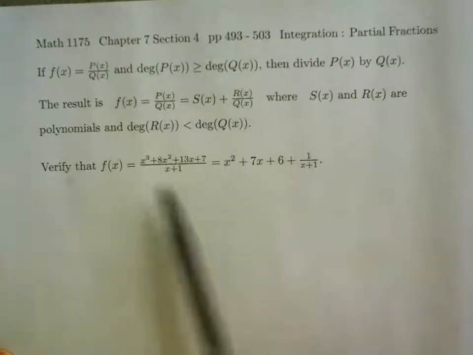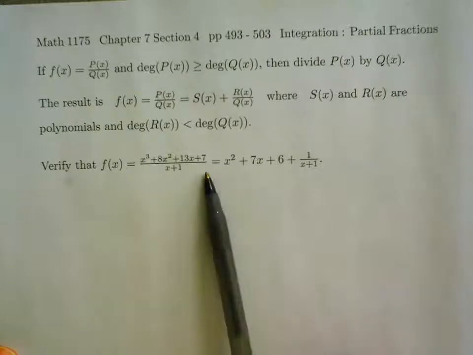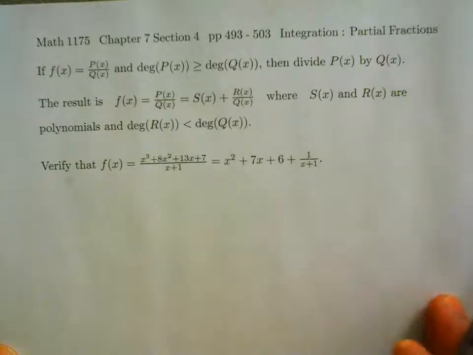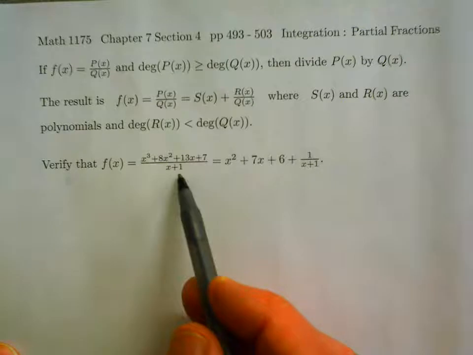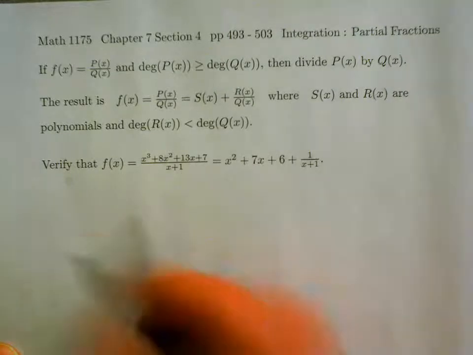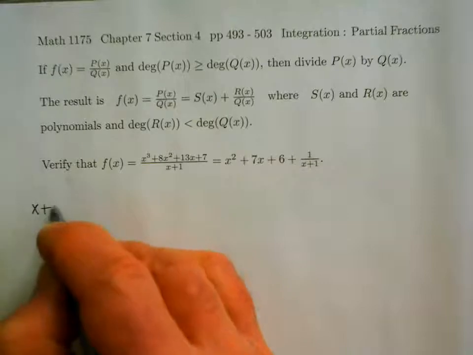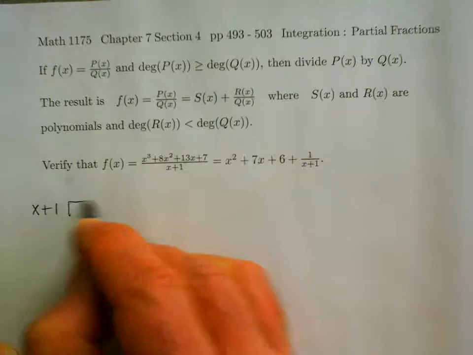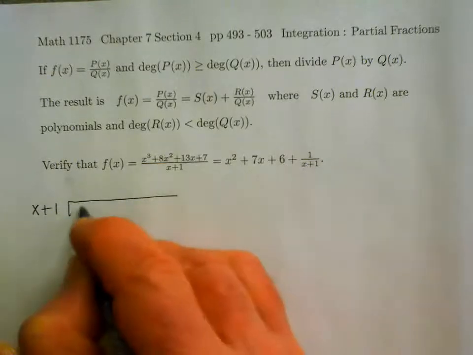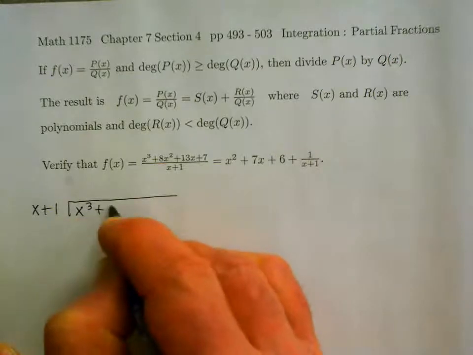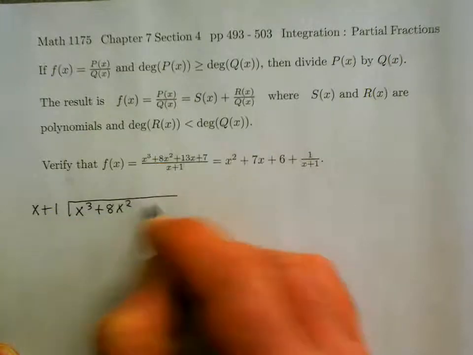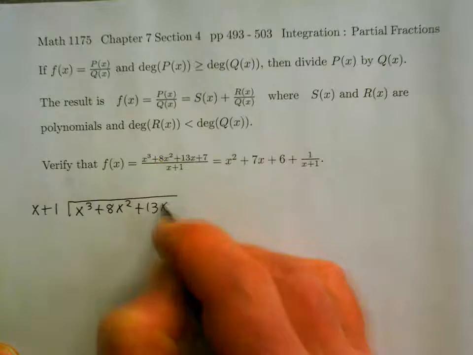So for this part, we'll just verify that this equation is true. So we'll use polynomial long division. The divisor is x plus 1, and we're dividing it into the numerator, x to the third plus 8x to the second plus 13x plus 7.